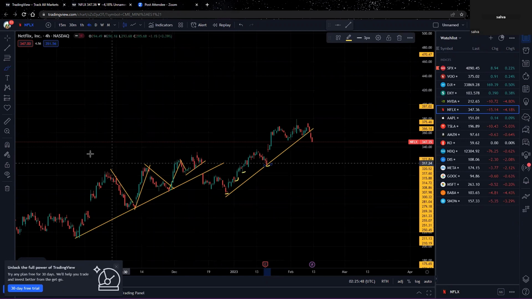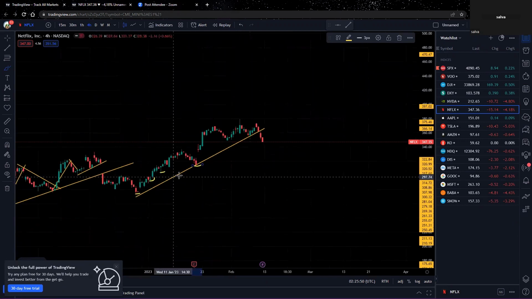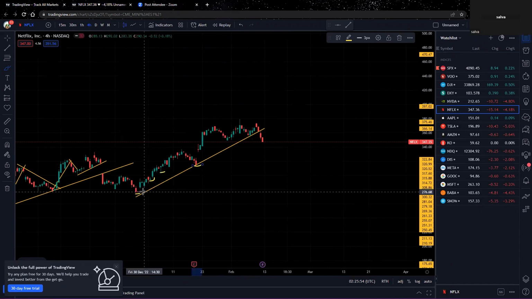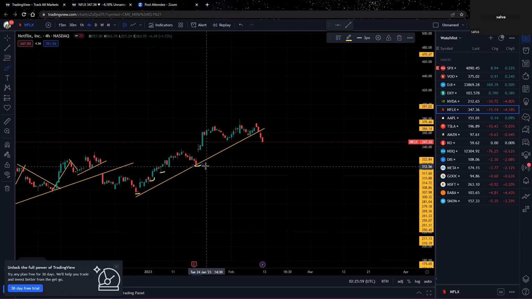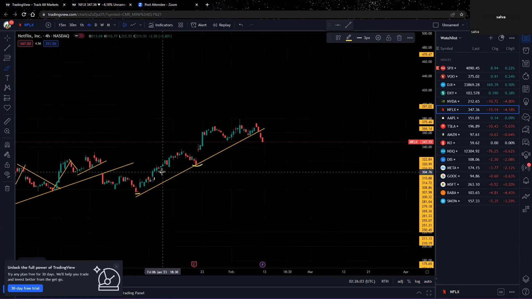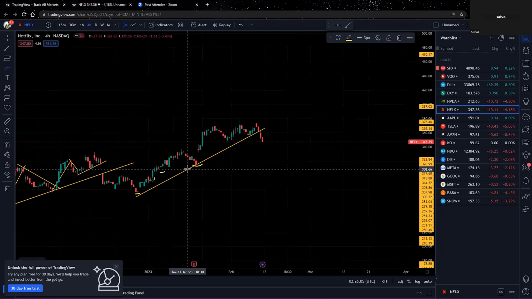So we found an uptrend right here. Yes, we did make the low right here, then a higher low. I wouldn't necessarily, bro, pay attention to these two right here because we're looking at a bigger picture, right?